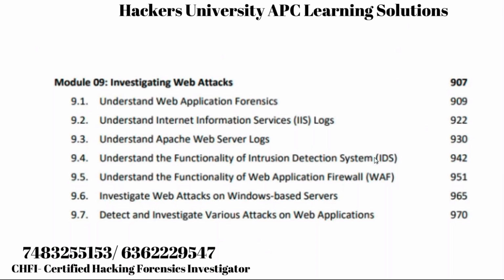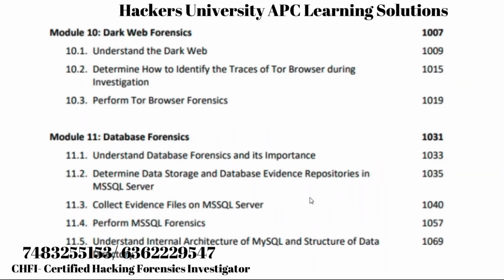They can alert us, or prevent, or detect and prevent. So understand the functionality of a web application firewall. Then investigate web applications on Windows-based servers and detect and investigate various attacks on web applications. So we are going to cover all of these.